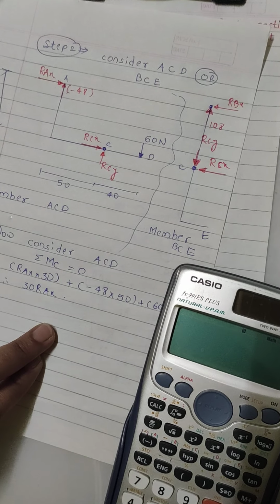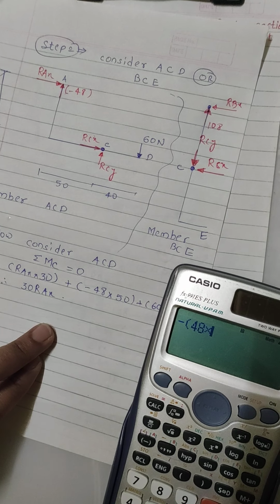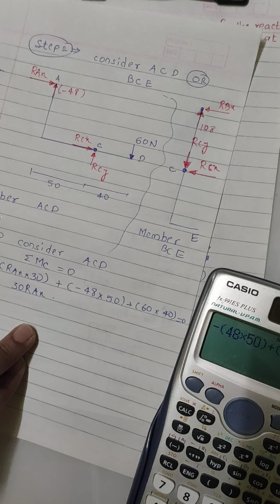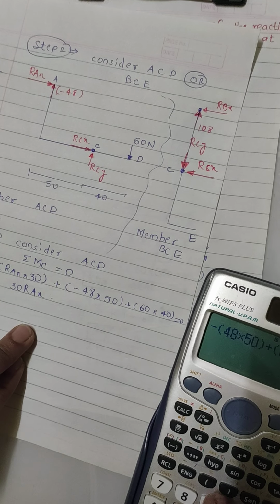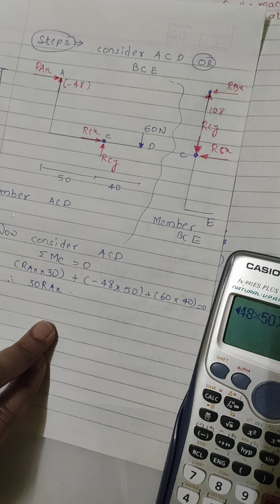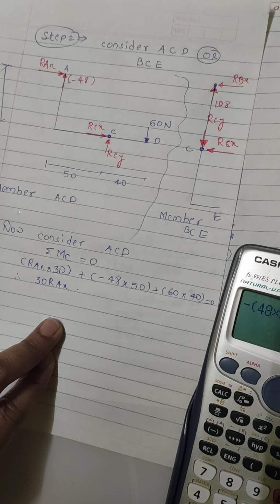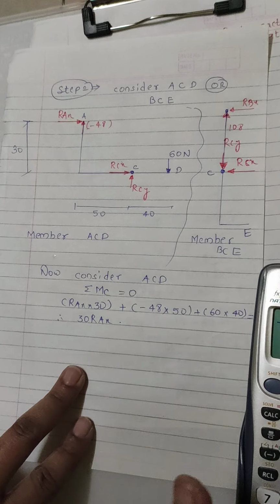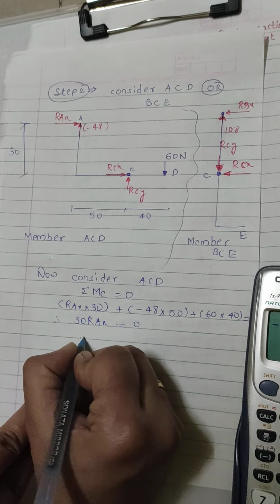So here I will be getting the value of RAX, and getting the value of RAX as 0.